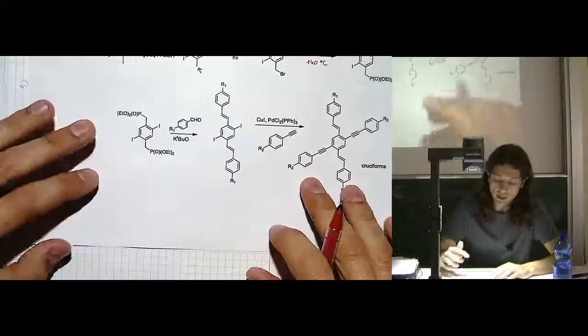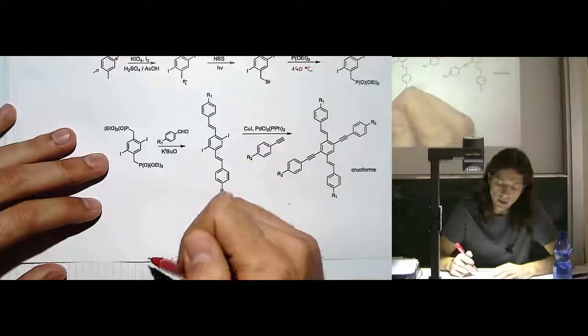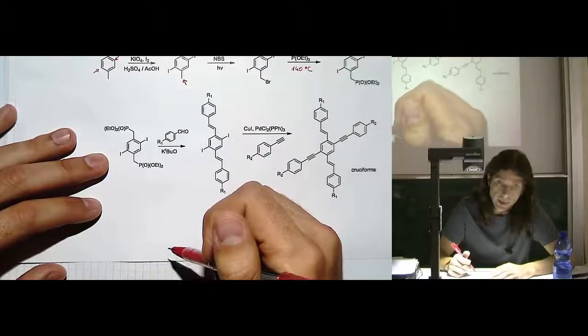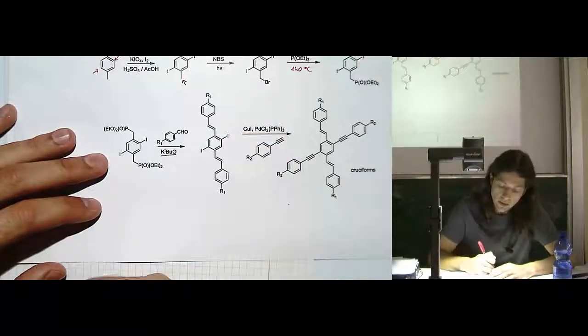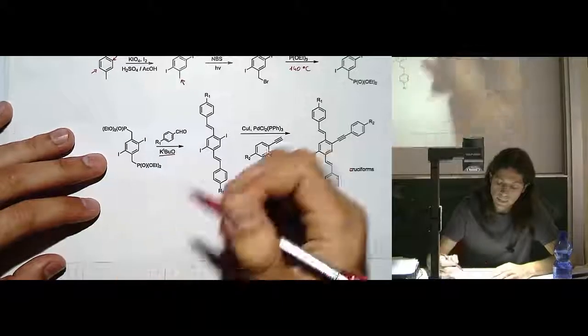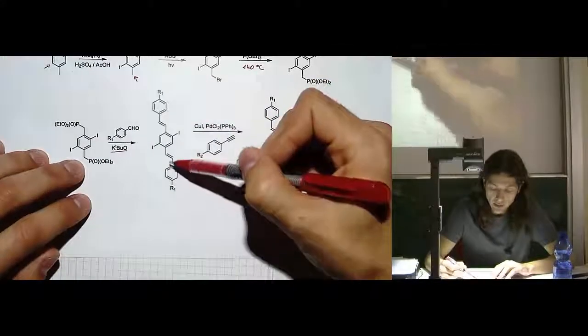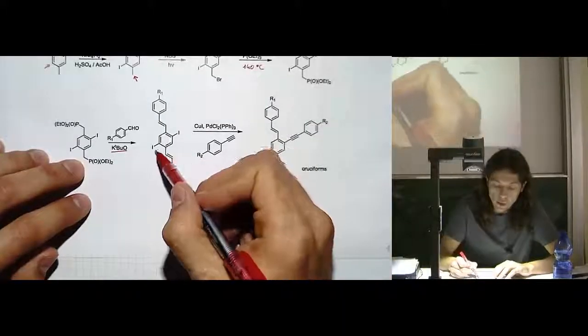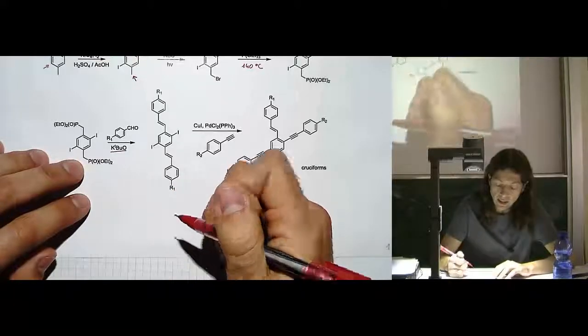Okay, now the reaction with a carbonyl group, which is this para-formaldehyde derivative, and with this base, potassium tert-butoxide, it is possible to carry out a double Horner reaction in two positions, and the other halogens are not interfering at all.